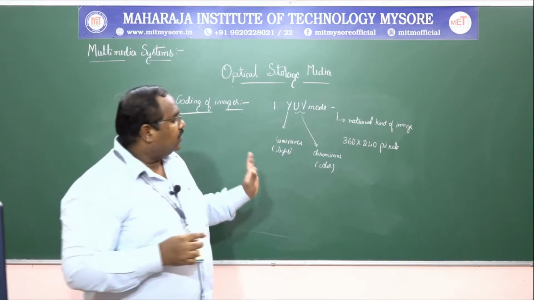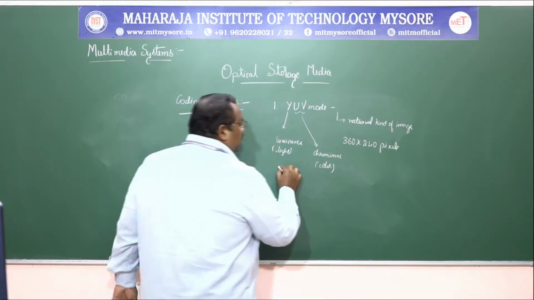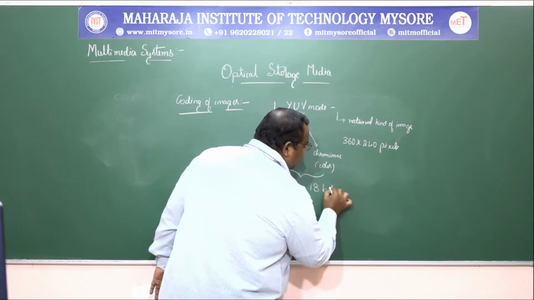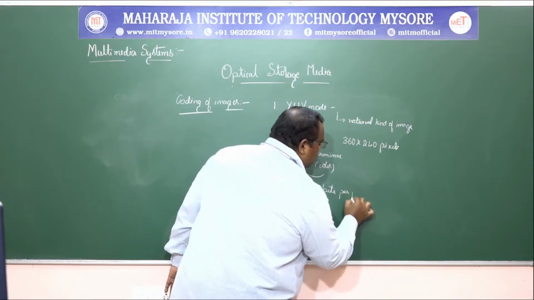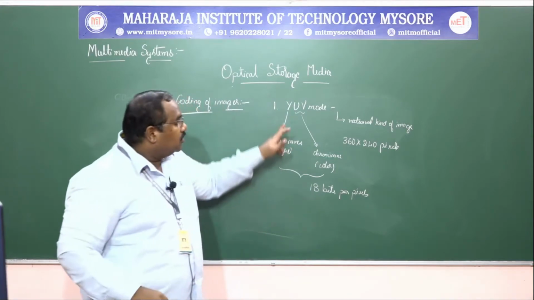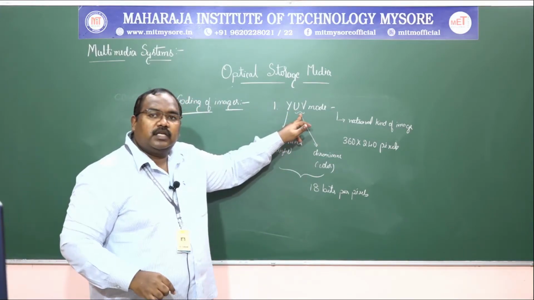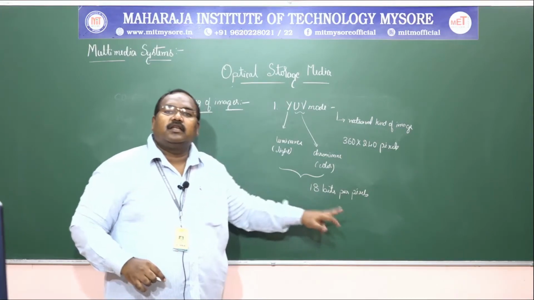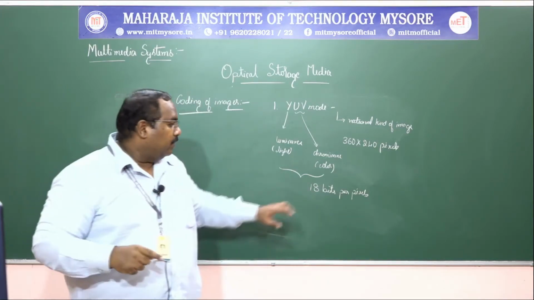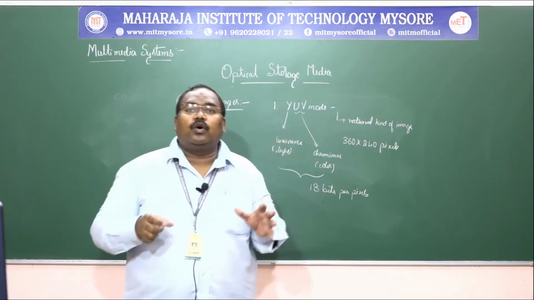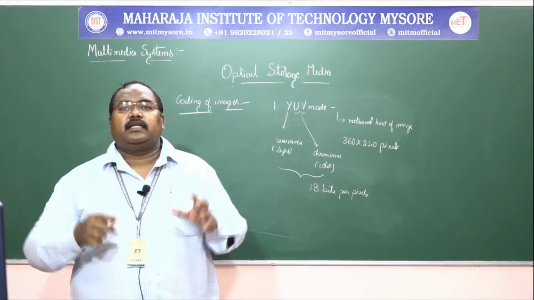The total combination of YUV, all three, uses 16 bits per pixel.